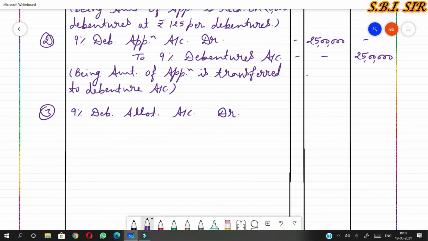We will leave one line to 9% debentures account. So 20,000 multiplied by 275, amount 55 lakh.